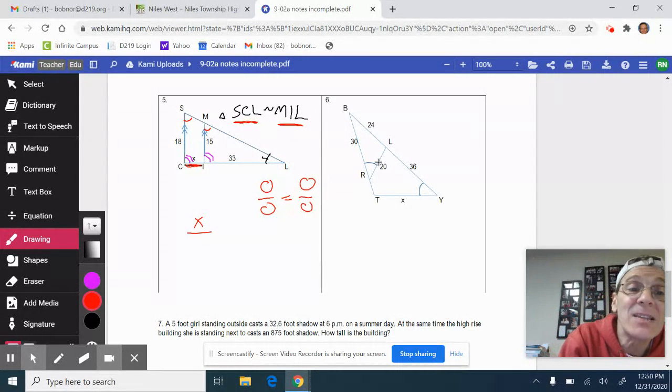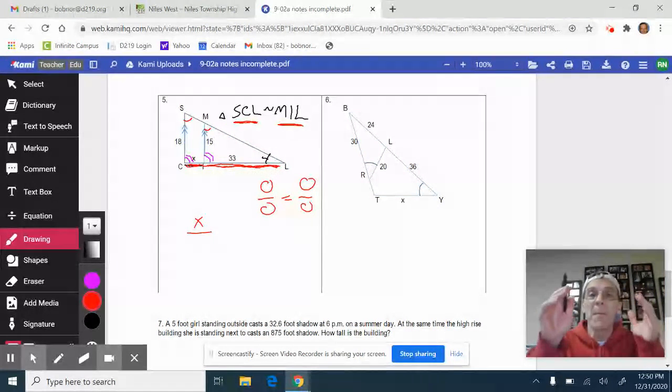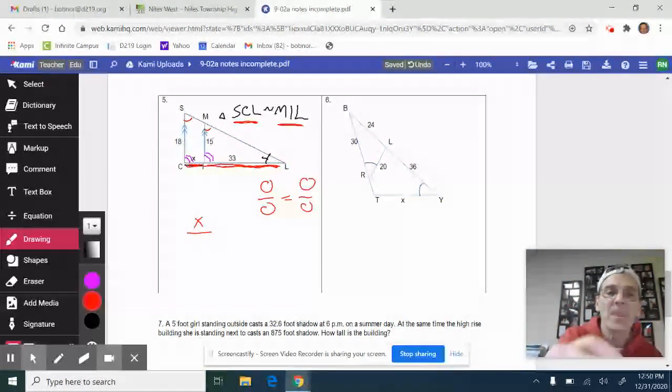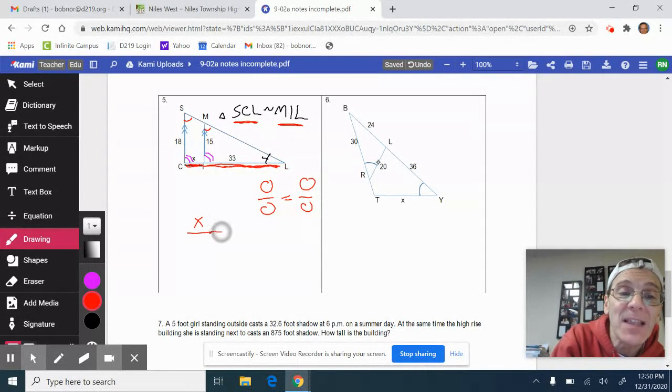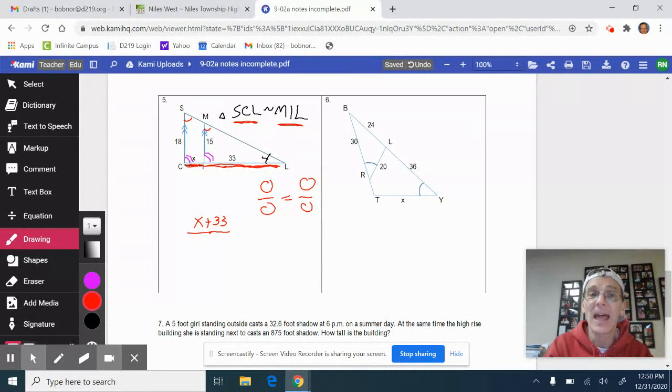And the x is included in this whole side of the big triangle SCL, right? But the length of that side is not x, it's x plus 33. That's the length of segment CL.